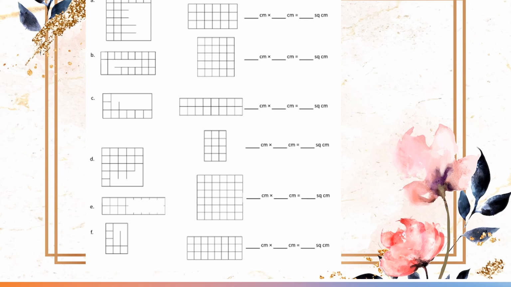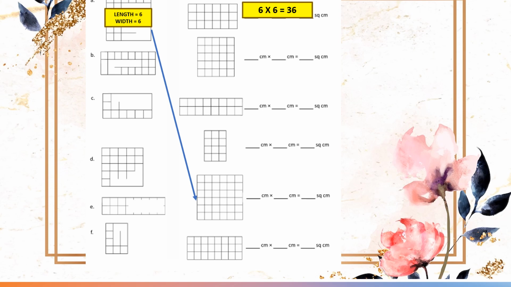Let's start with array A. The length was 6 and the width was 6. The equation for that array to find the area was 6 times 6 equals 36. So we're going to draw a line from array A to the 5th array on the other side of the paper.